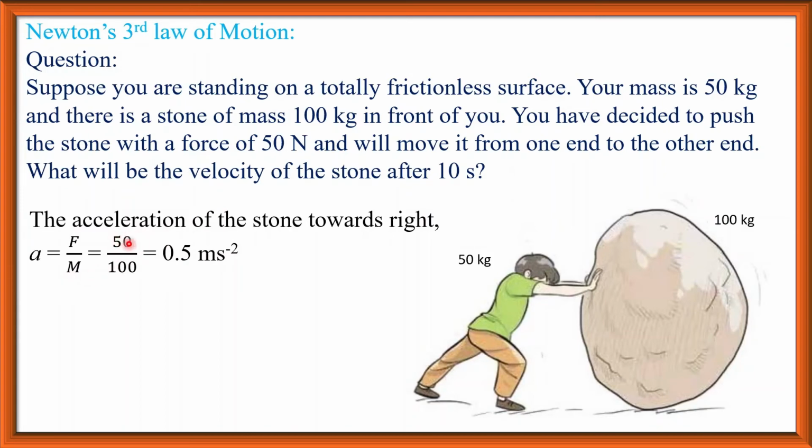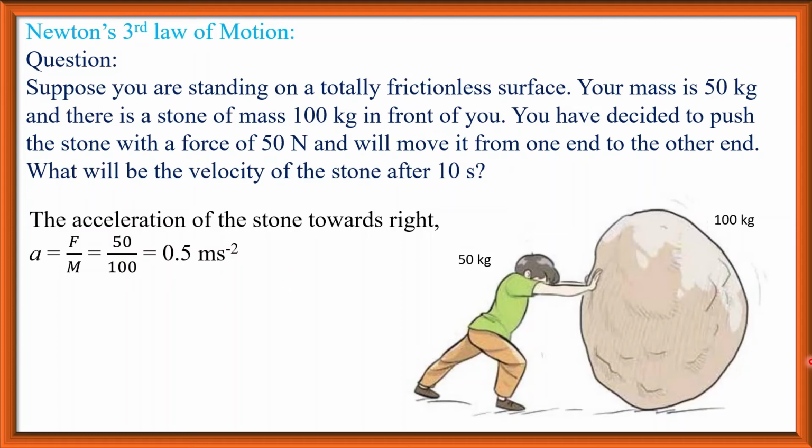Here F = 50 Newton and mass of the stone is 100 kg. This is equal to 0.5 meter per second square. So acceleration of the stone is 0.5 meter per second square, and its direction is from left to right.